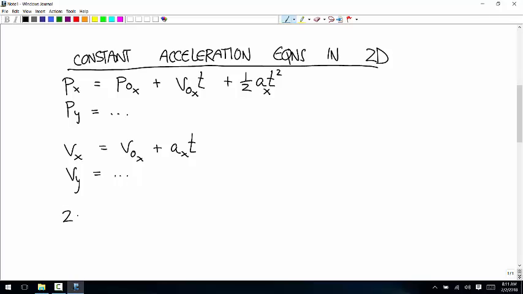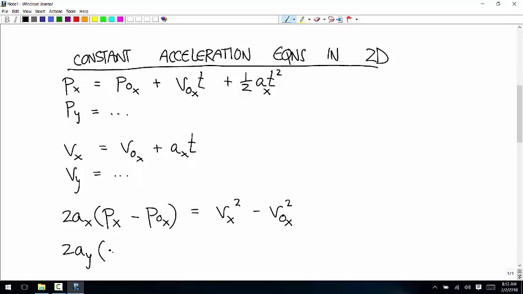And then 2 times ax times the quantity px minus p0x is equal to vx squared minus v0x squared, and then the equivalent y equation.